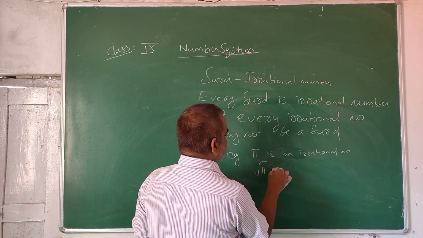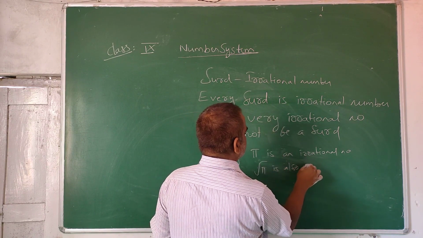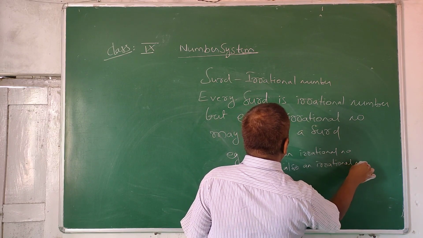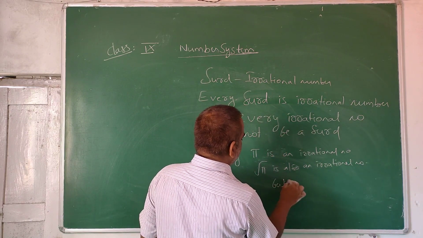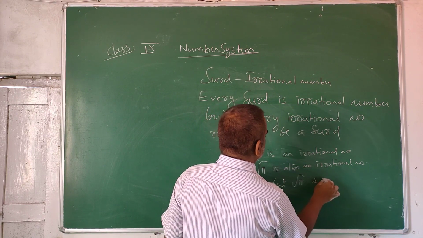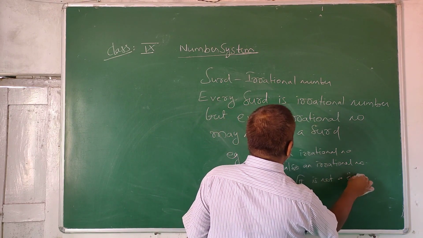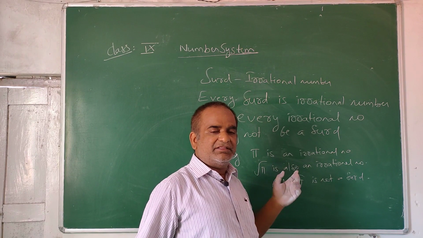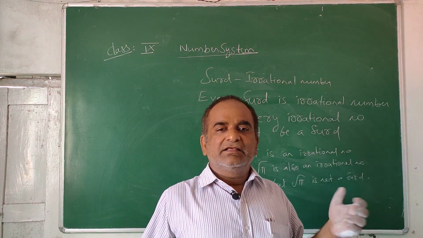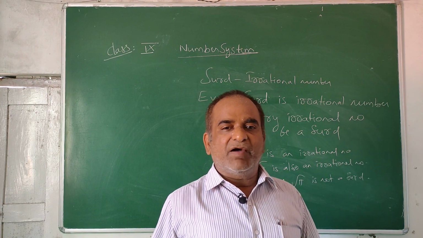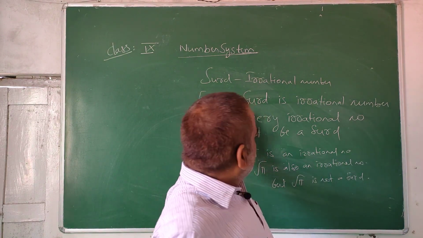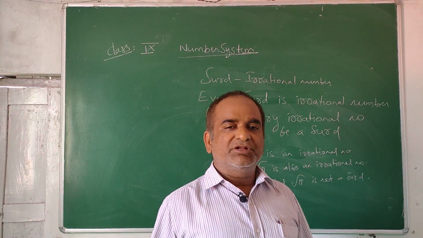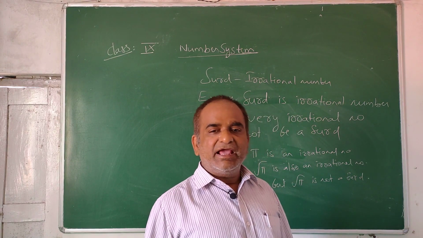Root pi is also an irrational number, but root pi is not a surd. So you can find some irrational numbers which are not surds, but you cannot find a surd which is not an irrational number. That is why this explanation and this example have become most important. Is it clear?